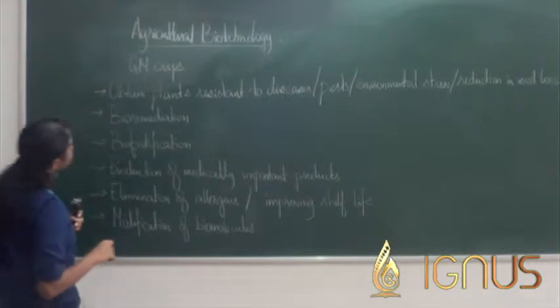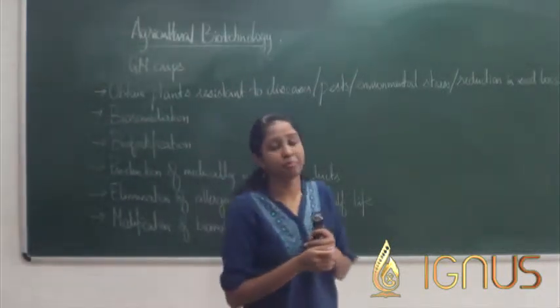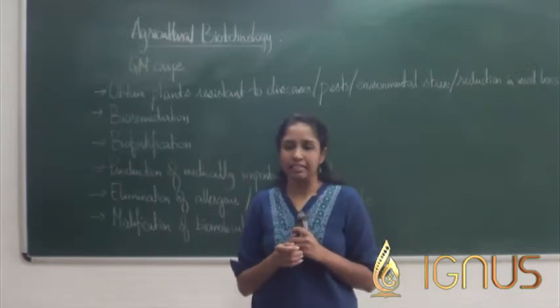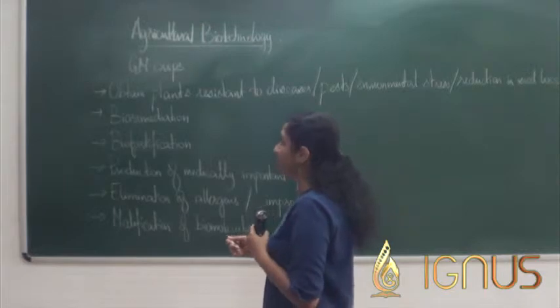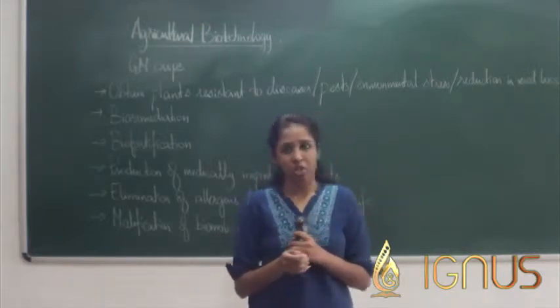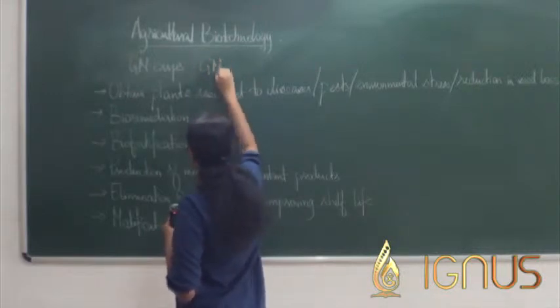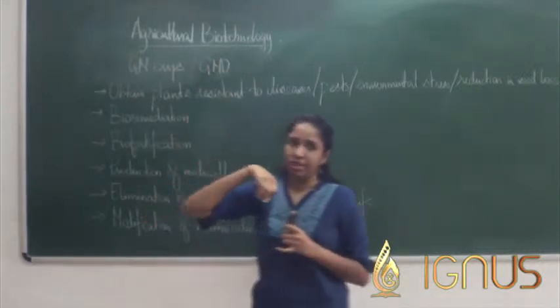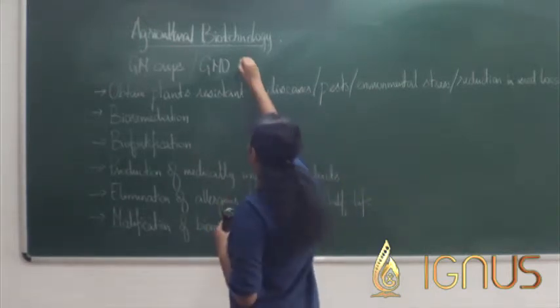First off, with agricultural biotechnology, the crops which are produced using rDNA technology are known as GM crops, or genetically modified crops, or they can also be simply termed as GMO, which is a genetically modified organism, or they can also be termed as transgenic plants.